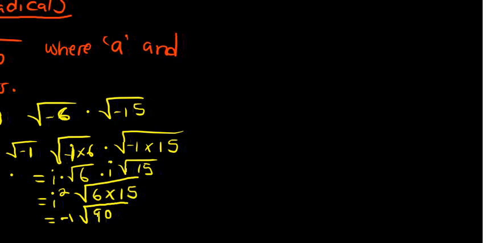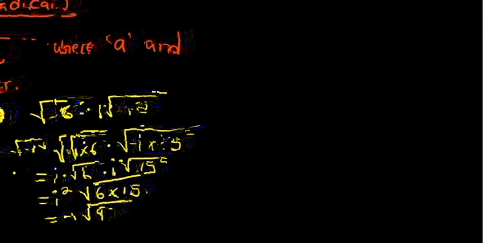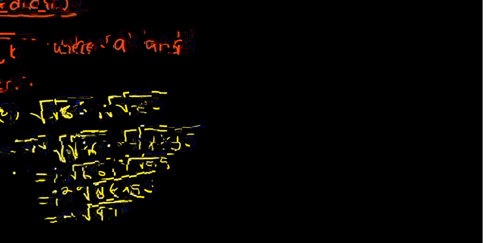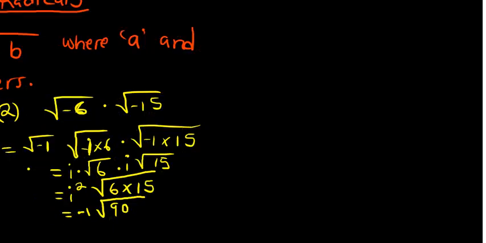So after that you are going to say -1 outside here, then inside you're going to say 10 multiplied by 9, which is the same as 90.